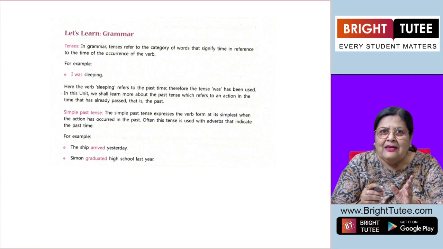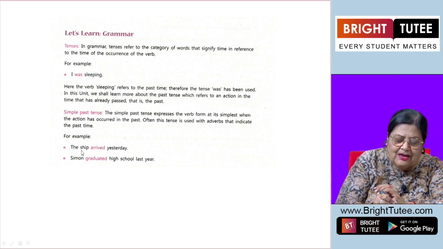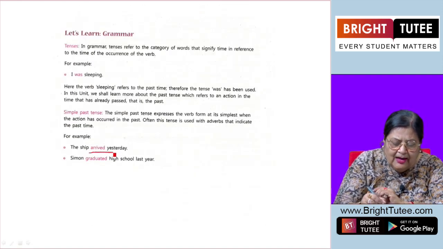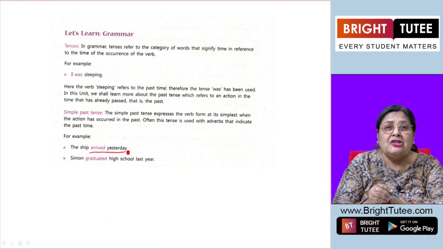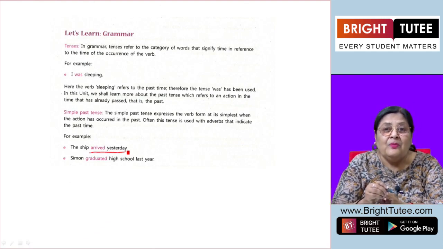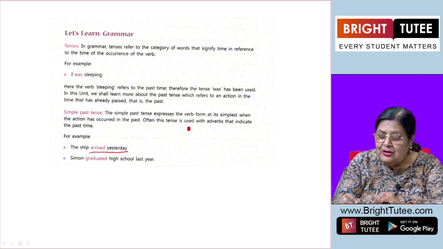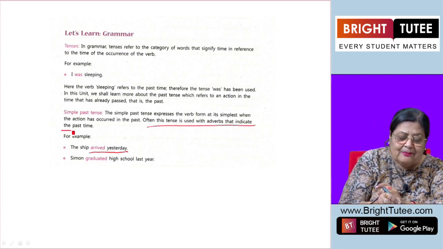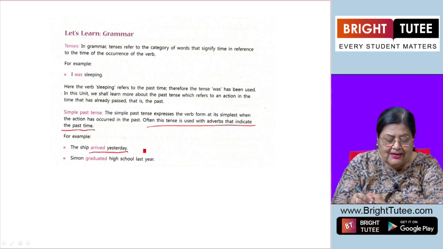I was sleeping is the past tense, but a simple past tense can also be: the ship arrived yesterday. The ship was arrived will not be the right sentence. This tense is often used with adverbs that indicate the past time. The ship arrived yesterday.